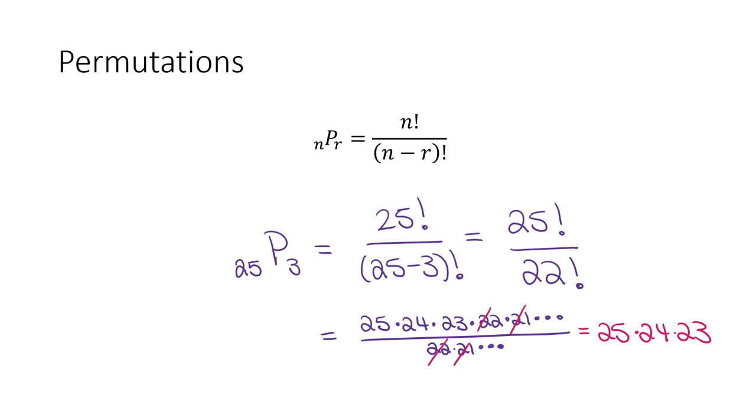So we can cancel the 22 factorial out, and we're just left with 25 times 24 times 23. And notice that's exactly what we did to compute this problem in the previous section.